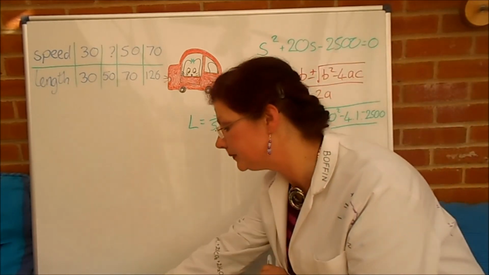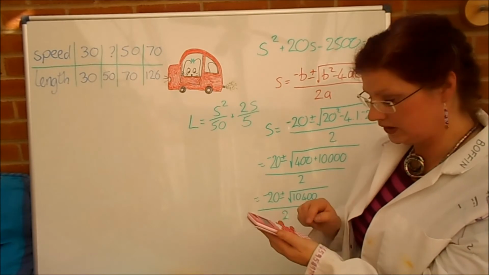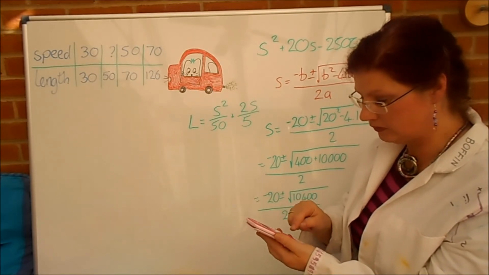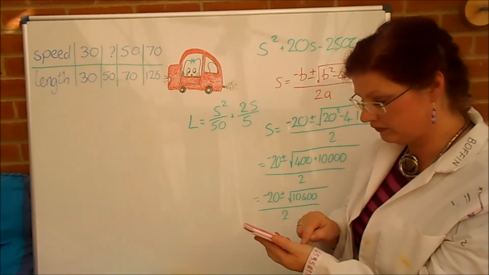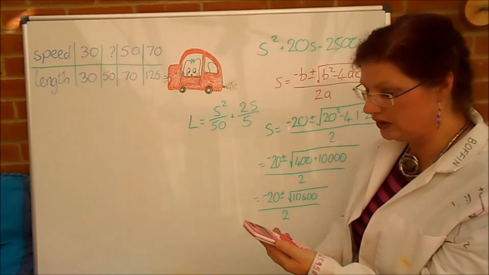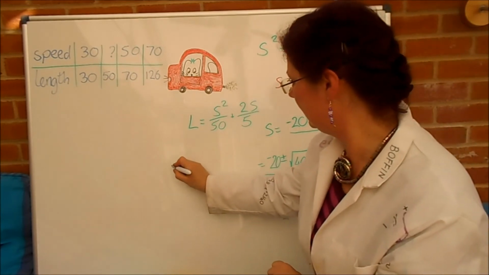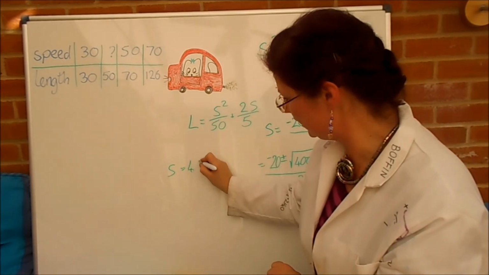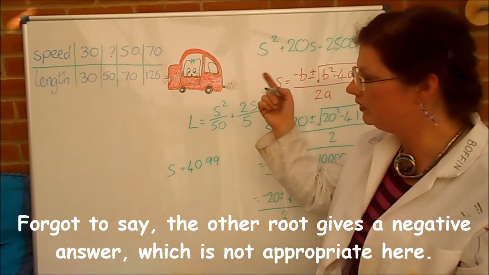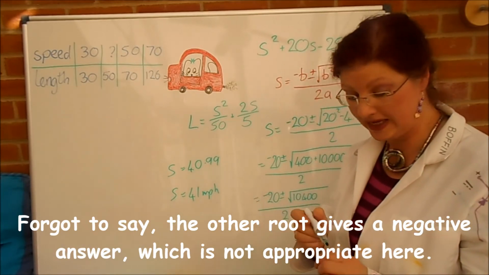At this point we grab our trusty calculators and go negative 20 plus the square root of 10,400 equals that, divided by 2 equals that, make it a decimal, and we get S equals 40.99, or to the nearest whole number, the speed is 41 miles per hour.